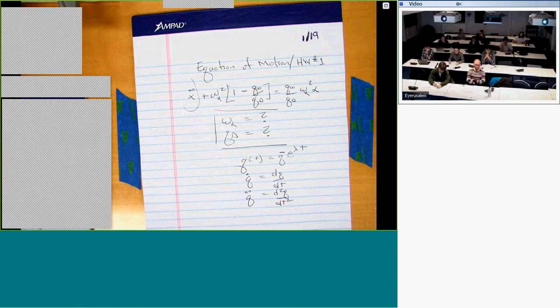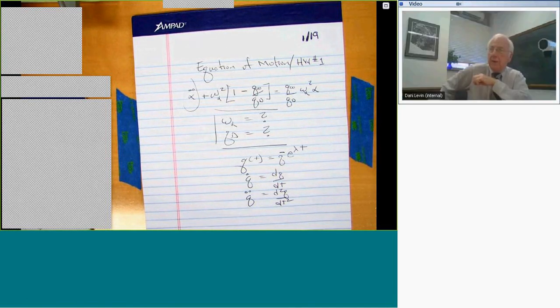It's an ODE, an ordinary differential equation, as opposed to a partial differential equation. That's absolutely true, because it only depends on one variable, namely time. Later on, we'll have some differential equations which depend on both space and time, and that will become a partial differential equation. But this is ordinary.